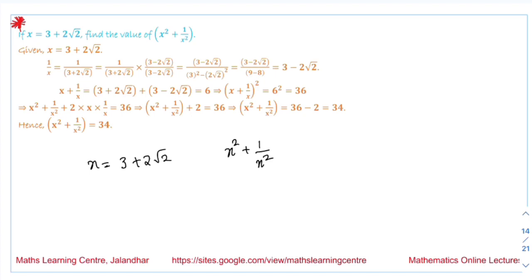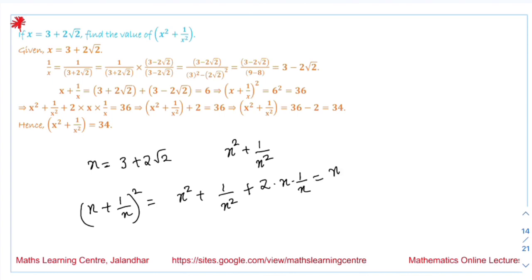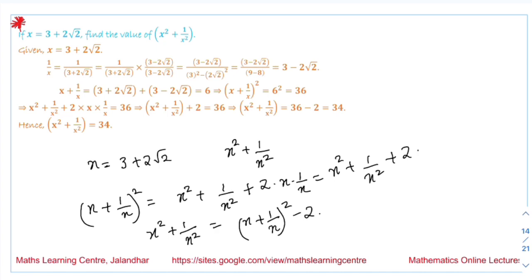Instead, we use the formula: x plus 1 by x whole square is equal to x square plus 1 by x square plus 2 times x into 1 by x, that is x square plus 1 by x square plus 2. So x square plus 1 by x square is equal to x plus 1 by x whole square minus 2. If we calculate the value of x plus 1 by x, we can find the answer.